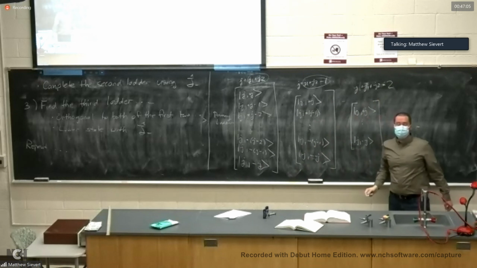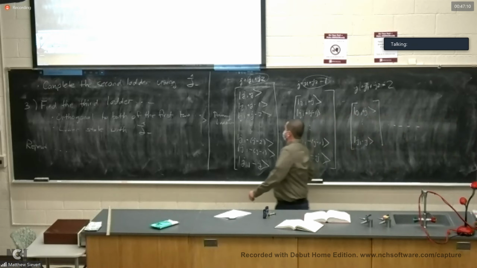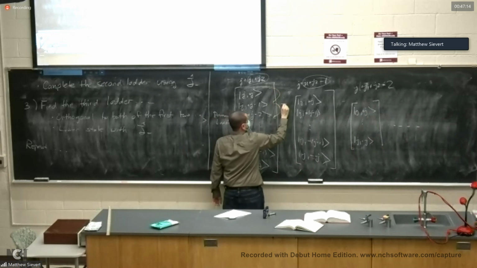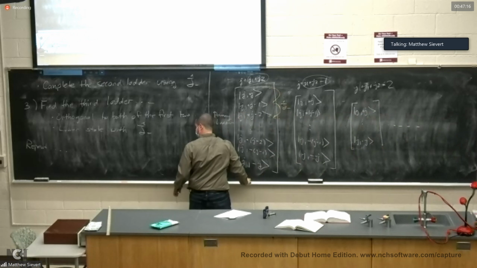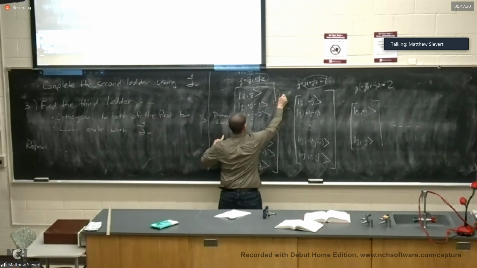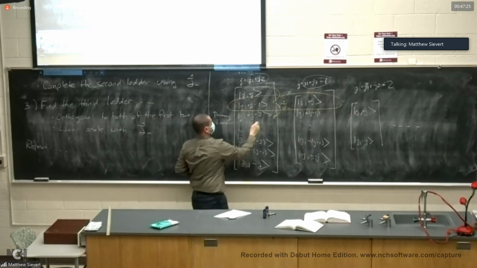And I can have as many ladders as it takes to use up all of the vector space. To go from one rung of the ladder down to the one below it, I use J minus. To find a new ladder after I found the one before it, I require orthogonality. This combination must be orthogonal.